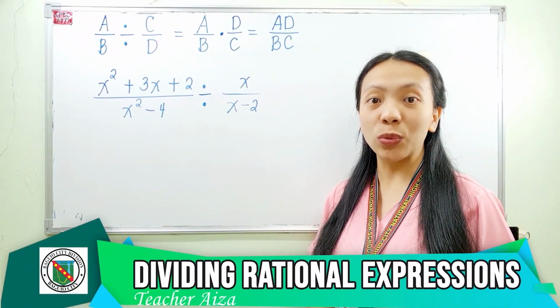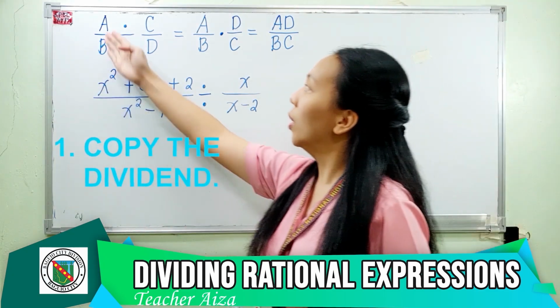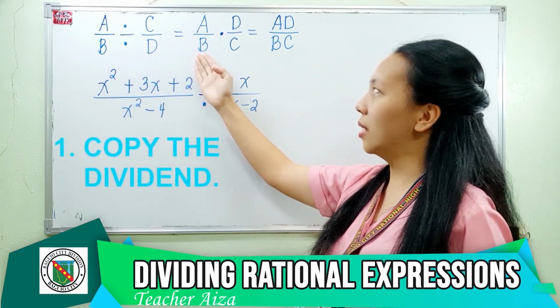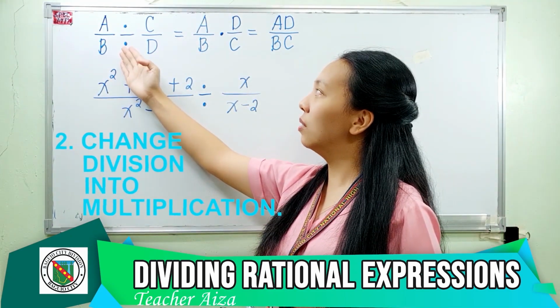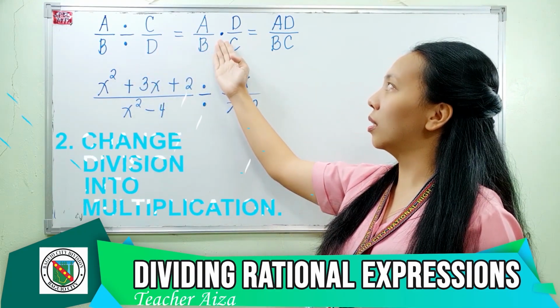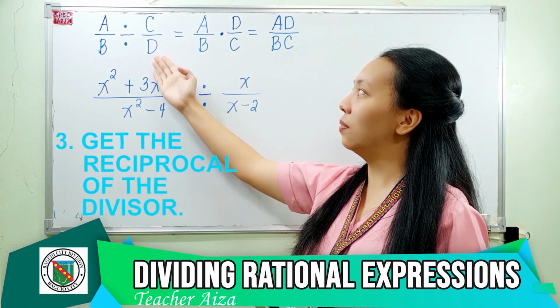Here are the steps when we divide rational algebraic expressions. Step 1. We copy the dividend. Step 2. We change the operation division to multiplication. Step 3. We get the reciprocal of the divisor.